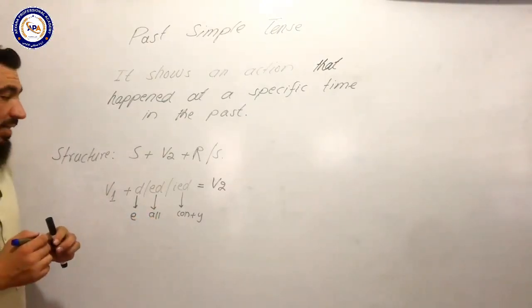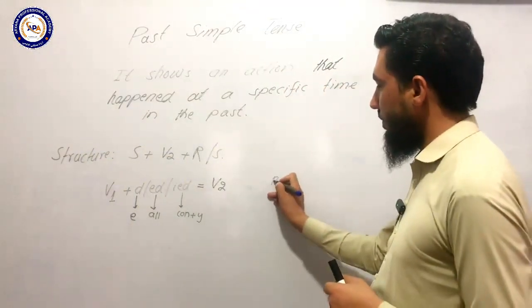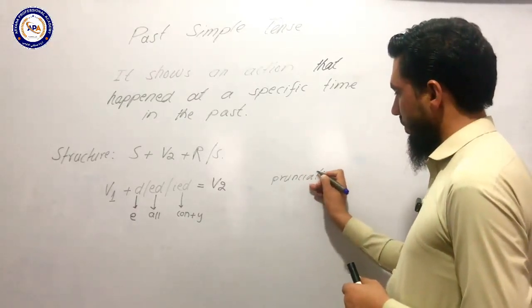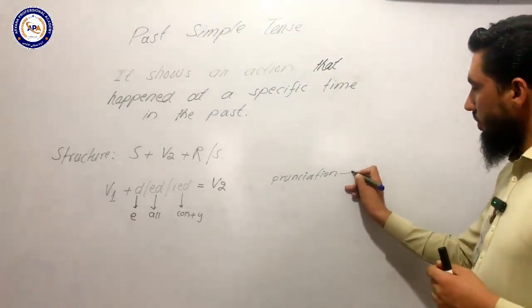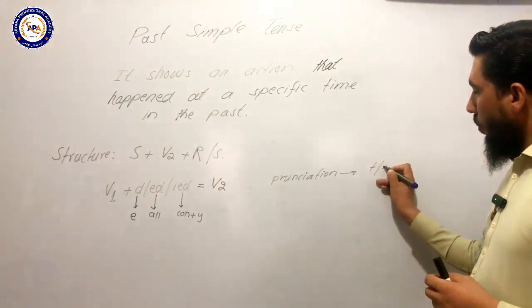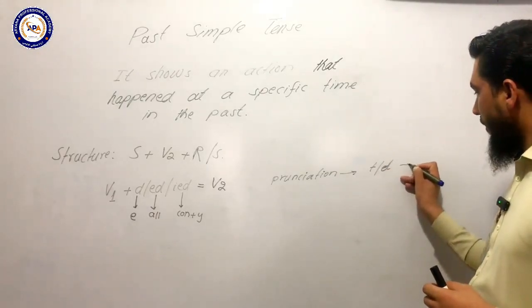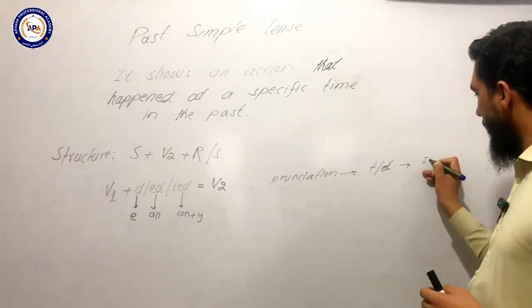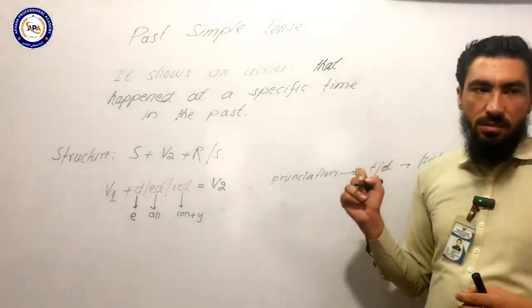And then d, ed, or ied has three different pronunciations. When a verb ends in T or D, the pronunciation is id.